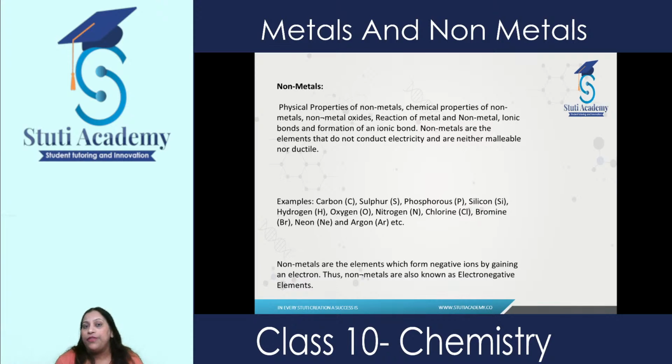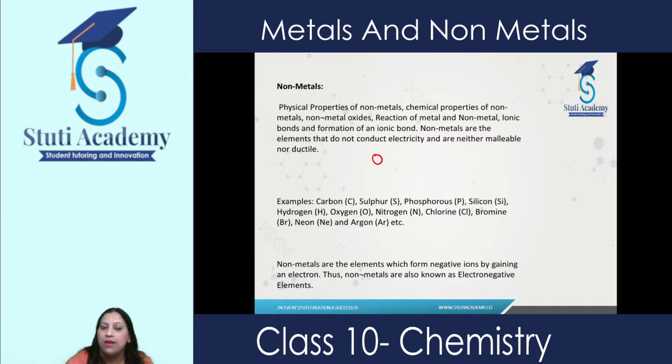Now, there are different non-metals present around us, like carbon, sulfur, oxygen, nitrogen, chlorine. They all are non-metals. And non-metals are known as electronegative elements because they form negative ions. Non-metals accept electrons. That's why we call them electronegative elements. For example, oxygen.